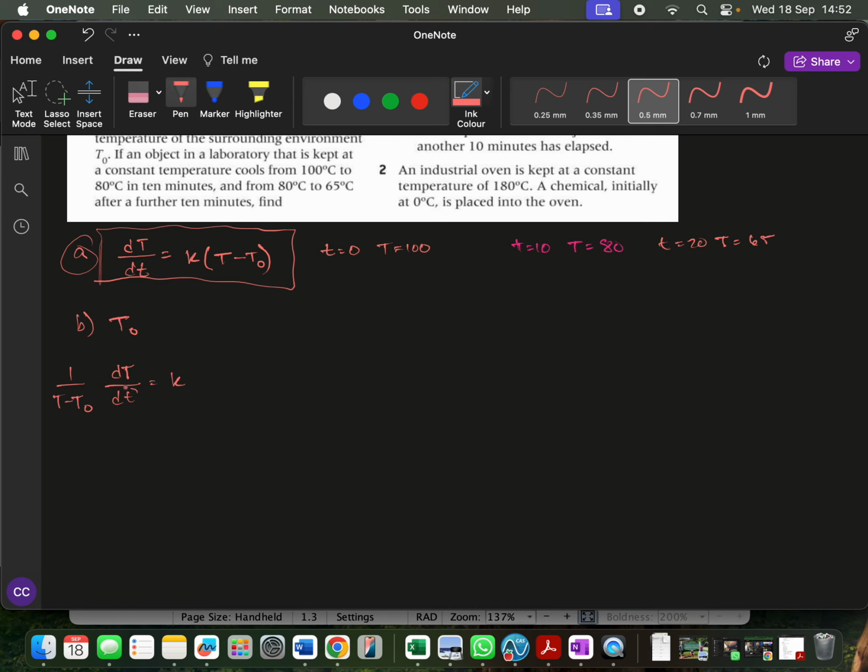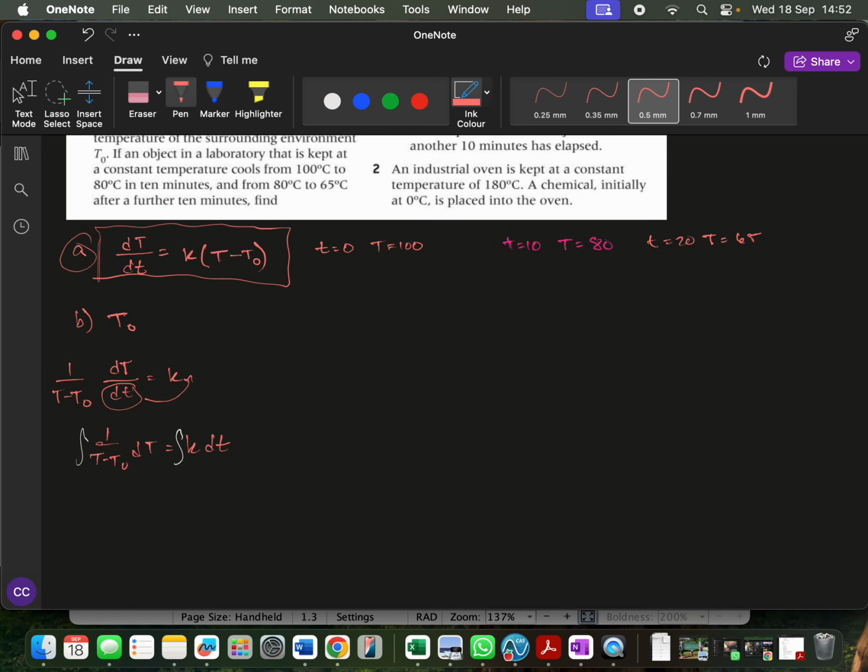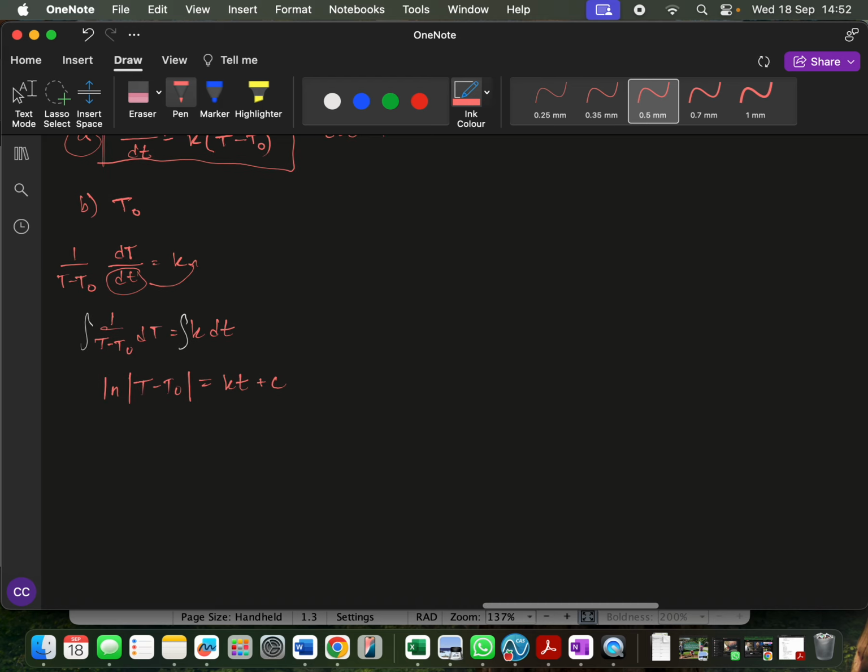That means bringing that over to here, I get 1 over T minus T0 dT is equal to k dt. Taking the integral of both sides, I end up with ln of T minus T0 is the same as kt plus C. I'm not going to move my C around.